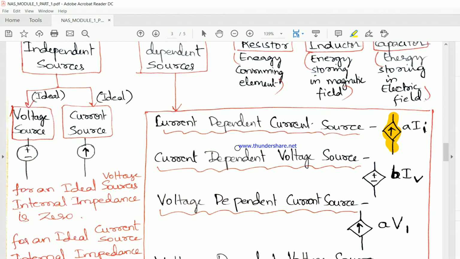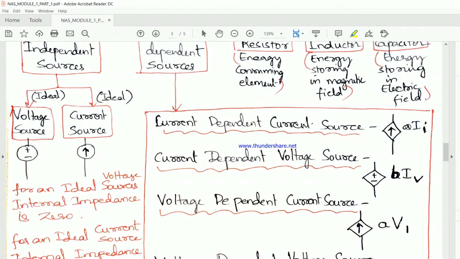Now we have 4 types of dependent sources here. When you have an arrow, it is a current source, and when you have plus and minus polarity inside the rhombus, then it is a voltage source. You should differentiate like this.